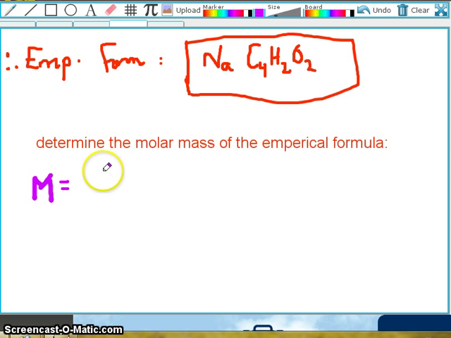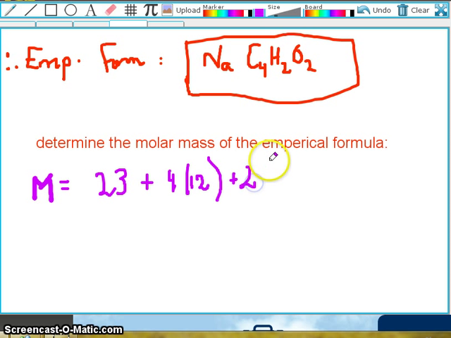the molar mass of the empirical formula would essentially be the molar mass of 1 sodium, so it's 23, plus 4 carbons, which we established was, let's say 12. I'm just doing it like basic numbers, plus 2 hydrogens, and hydrogen is roughly 1 gram per mole, plus 2 oxygens, so roughly 16.